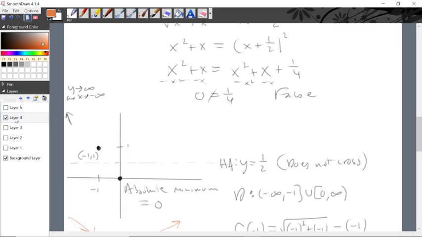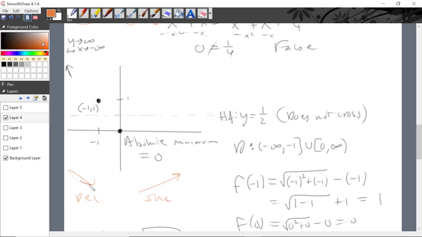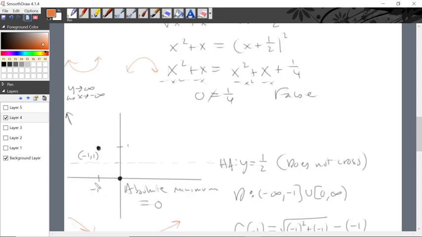Let's go back to that little quick sketch we were doing over here. We found that this was concave up until we get to negative 1. Then it doesn't exist between negative 1 and 0, and then it becomes concave down from 0 out to infinity. We had that it was decreasing from negative infinity to negative 1, and increasing from 0 to infinity.